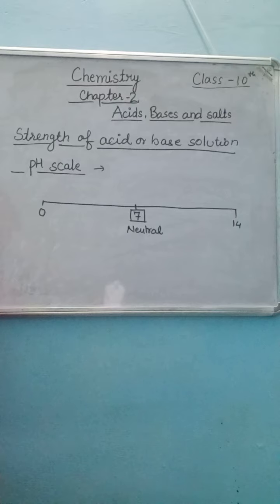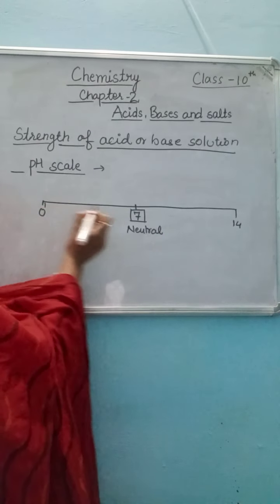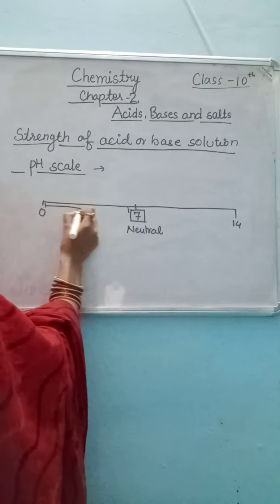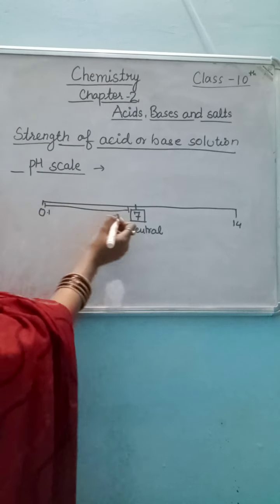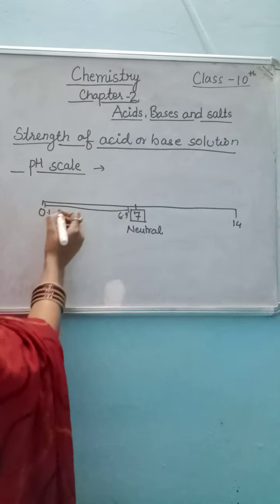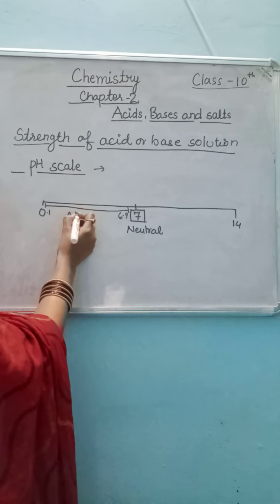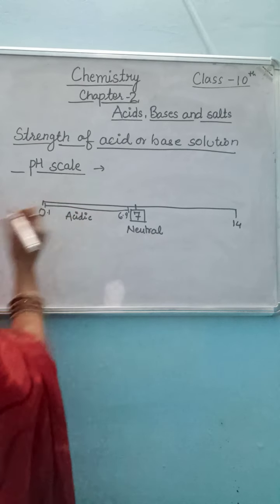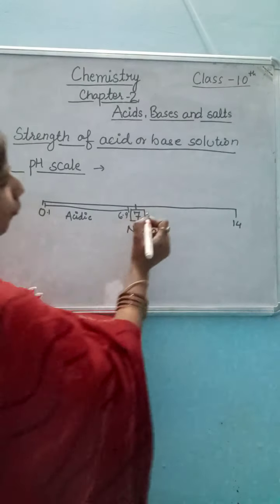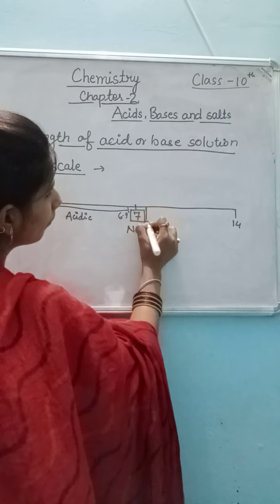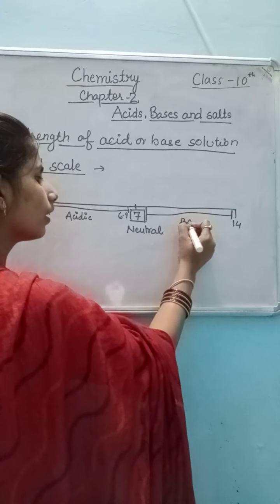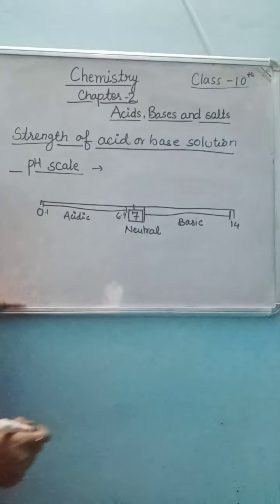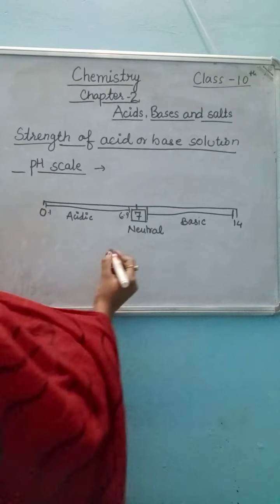From 0.1 to 6.9, it shows acidic character, and from 7.1 to 14, it shows basic character. This is a pH scale.